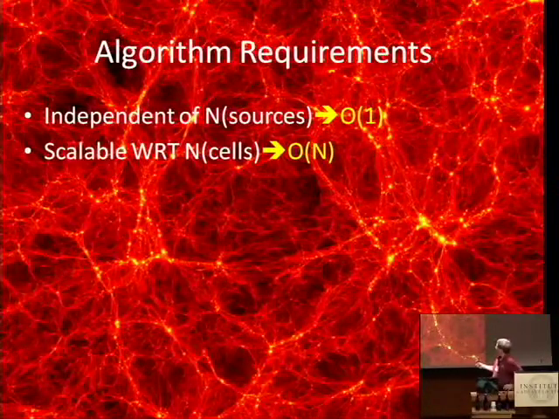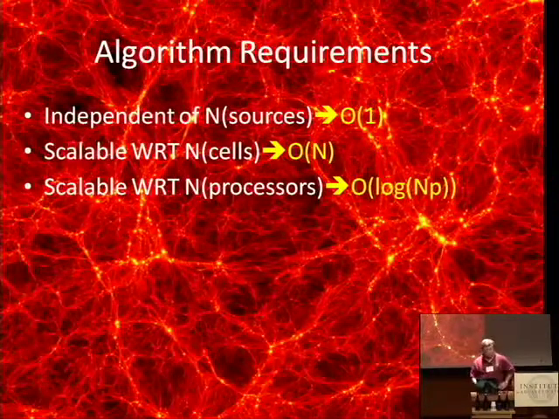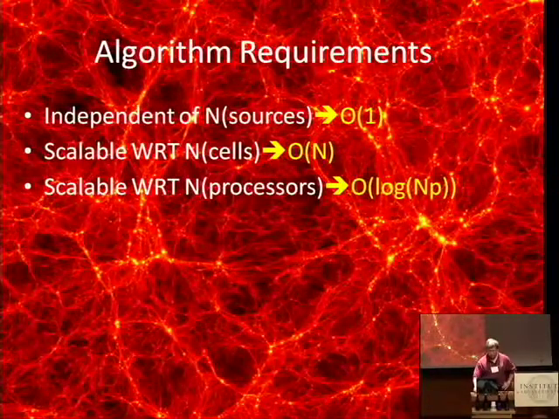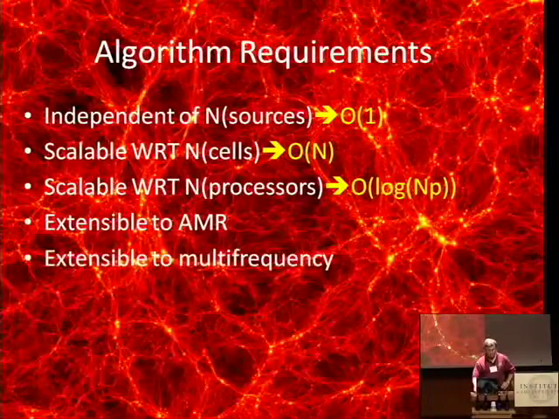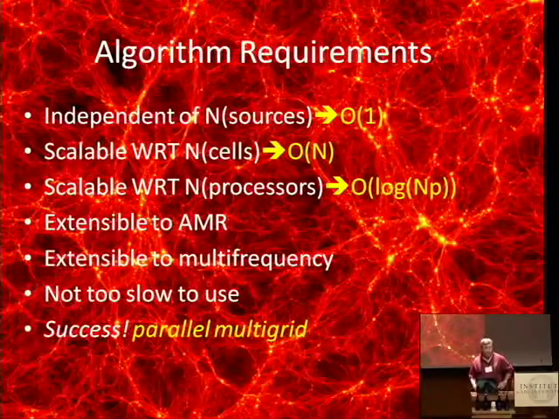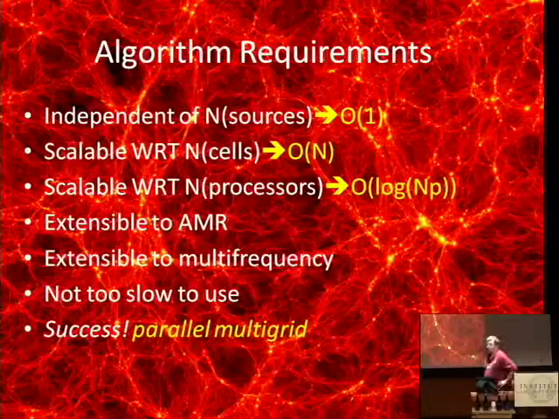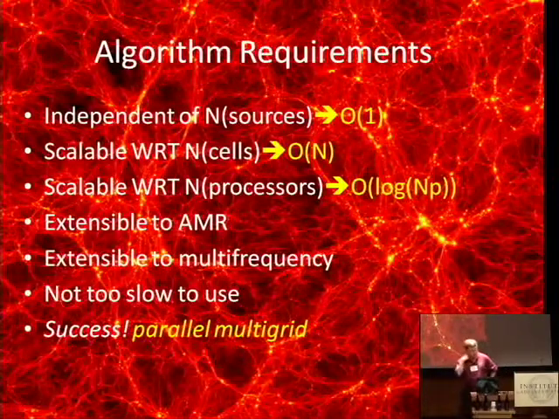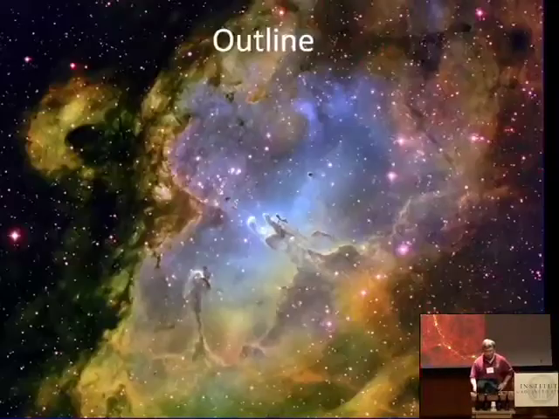Ideally, we'd like order n scaling. We'd like scalability with respect to the number of processors, ideally order log n processors. We'd like it extensible to AMR, extensible to multi-frequency, and not too slow to use. We have been successful, at least with regard to the first three objectives. We have not yet extended this to AMR. Let me make that clear. And the way we've done this is through the use of highly optimized parallel multigrid.